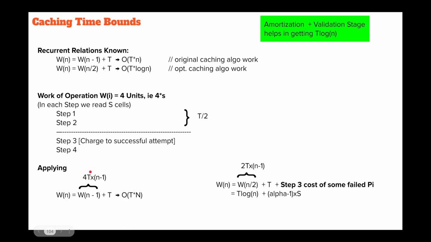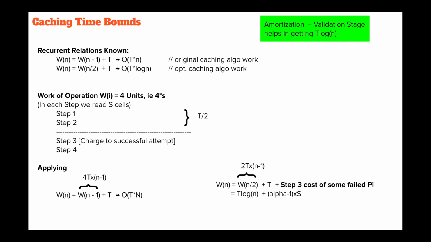Here you can see that in the ideal scenario, since we have converted the operation into a sequence of attempts, the total work done on the nth attempt would be the total work done by the n minus 1 attempts plus T. T is the sequential cost of the operation, and W(n minus 1) would be all the work done by previous attempts.